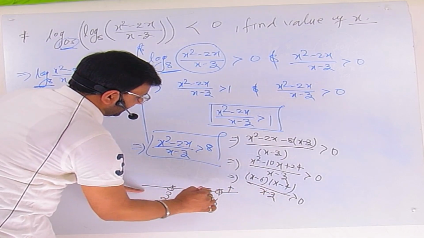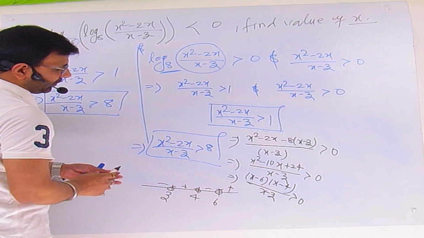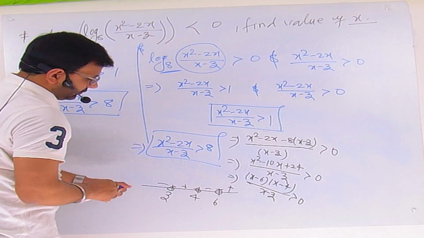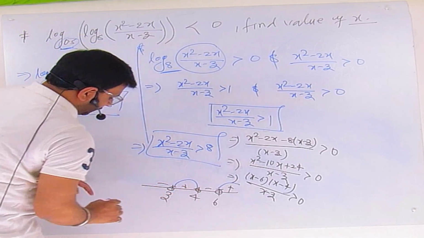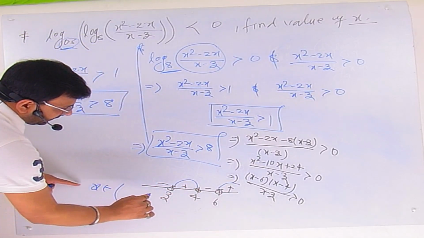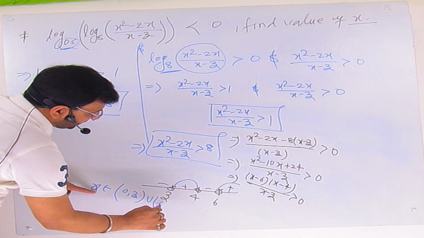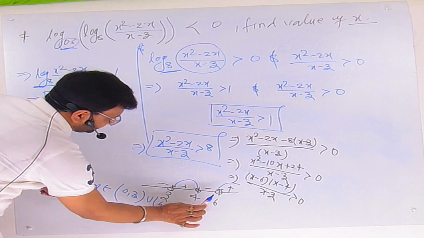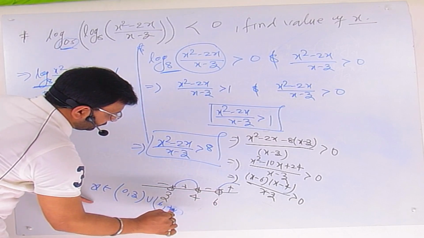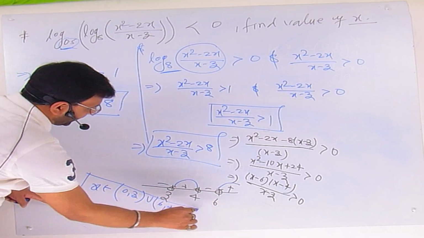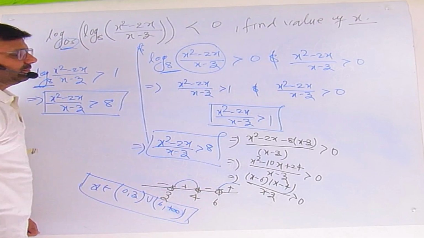So plus, minus, plus, minus. I need greater than 0, so from here to here. So what will be my answer? x belongs to 0 to 3 union 6 to plus infinity. So this is my final answer.